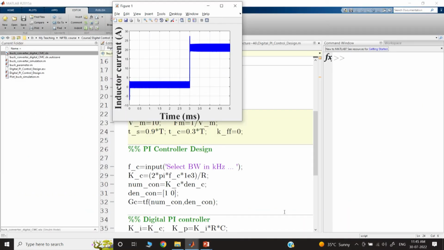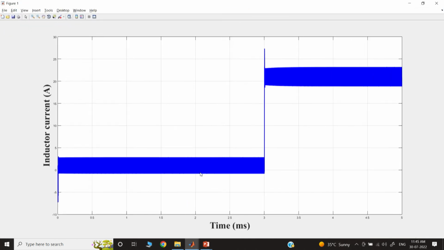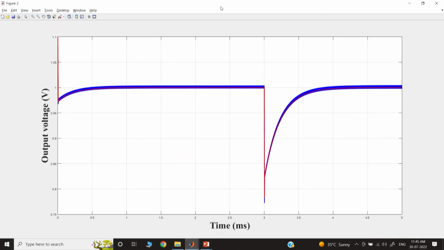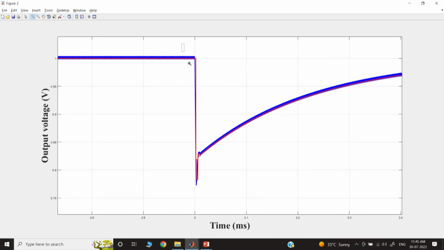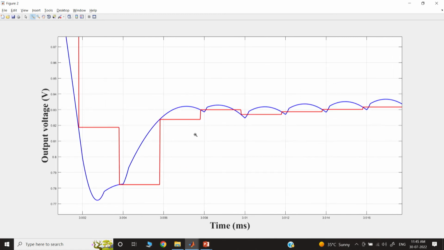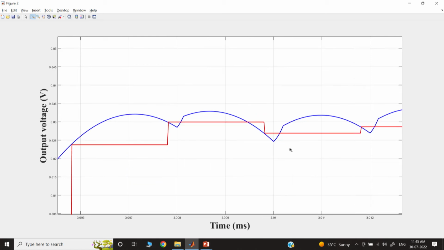If we go to the response, this is the inductor current and this is the output voltage. Here you can see the output voltage, and the red one is the sample voltage. If you consider the sample voltage, you can see we are taking the sample first and then switching.